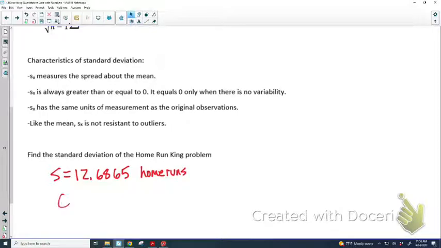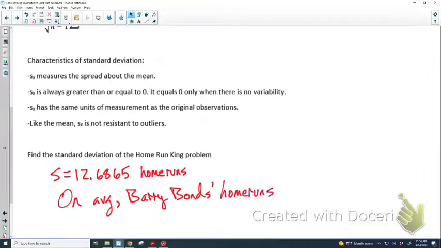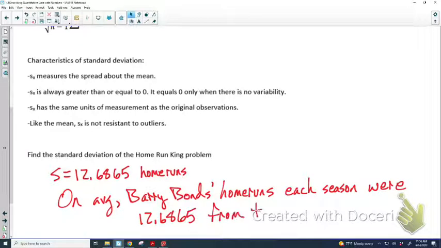So we want to say on average, Berry-Bonds's home runs each season were 12.6865 from the mean.